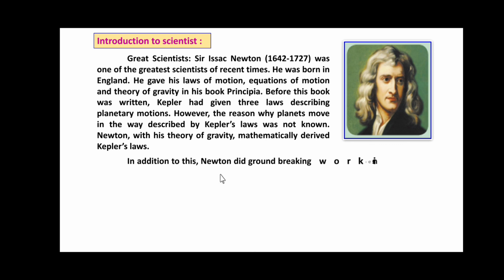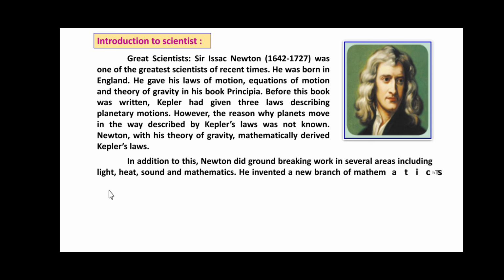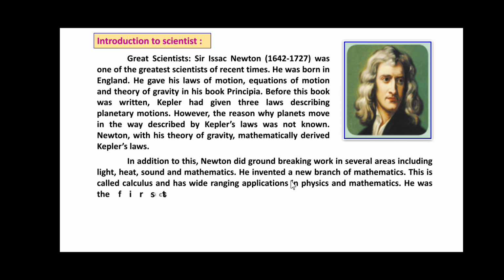Friends, in addition to this, Newton did groundbreaking work in several areas including light, heat, sound and mathematics. He invented a new branch of mathematics called calculus, which has wide-ranging applications in physics and mathematics. He was the first scientist to construct a reflecting telescope.